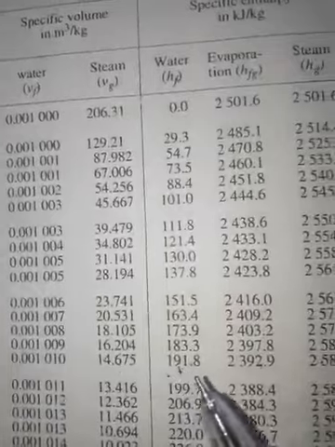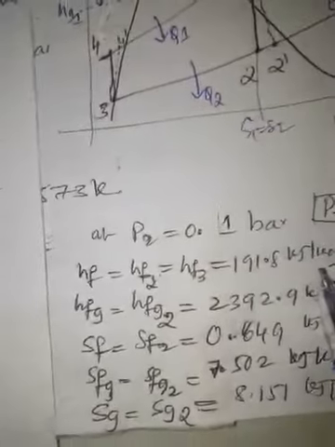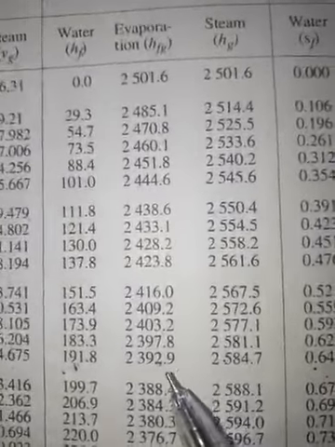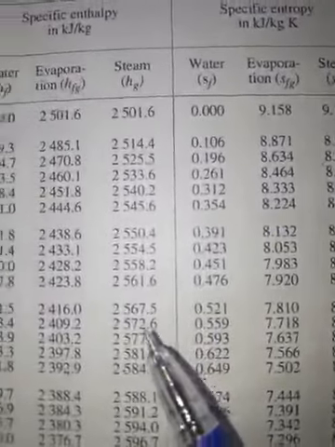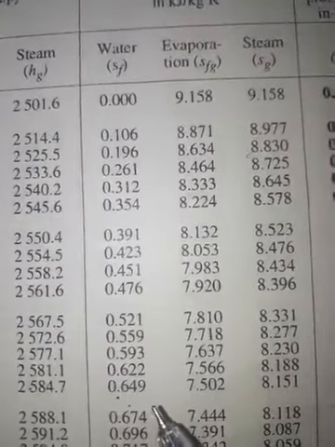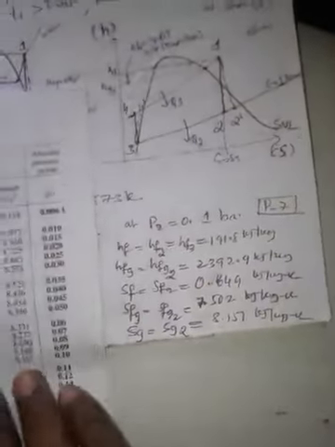Then Hf is 191.8, so I have written down 191.8. Hfg is 2392.9, I have noted down 2392.9. Then Sf is 0.649, I have noted down 0.649. Similarly Sfg and Sg values I have noted down from the steam table.